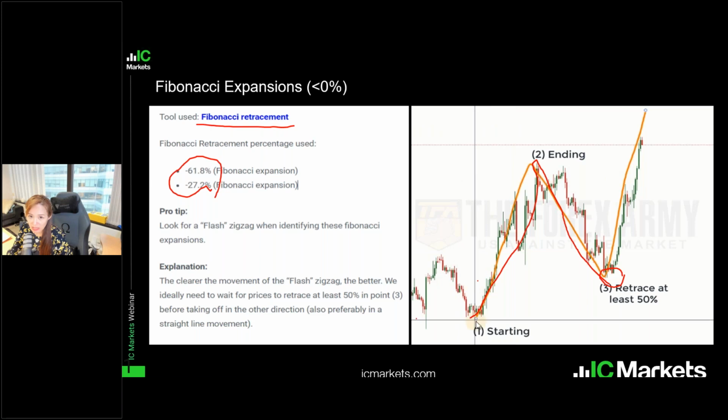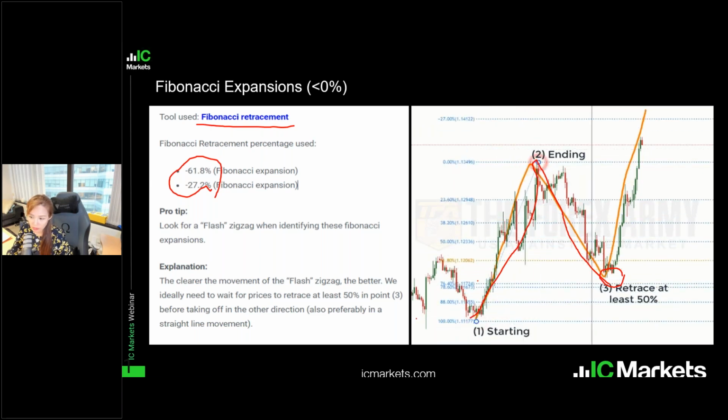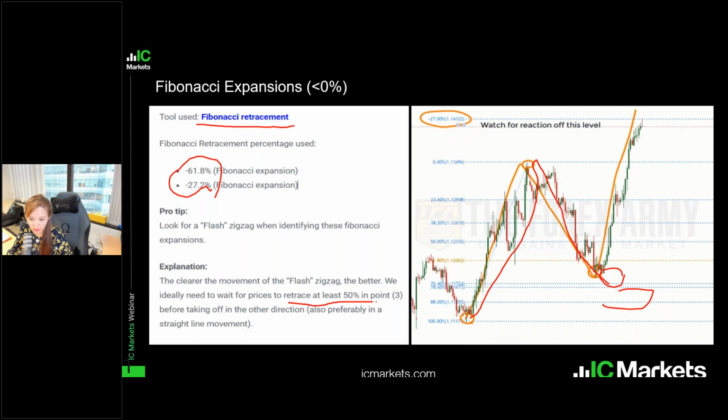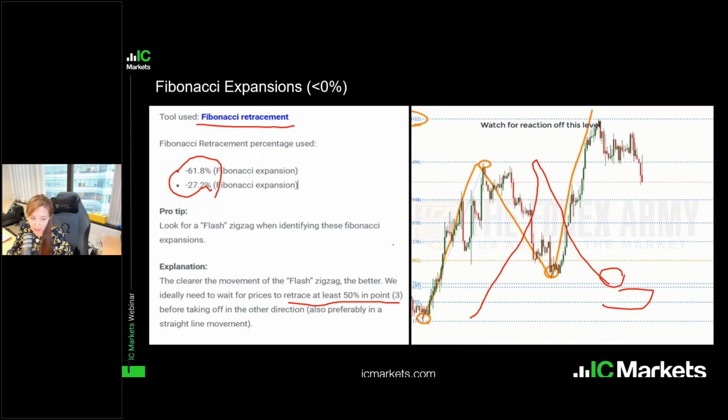The key for you to use expansion is that price must retrace at least 50%, and then you can use expansion. That's a keyword: you need to wait for price to retrace at least 50%, like in point 3, and then you can use expansion.